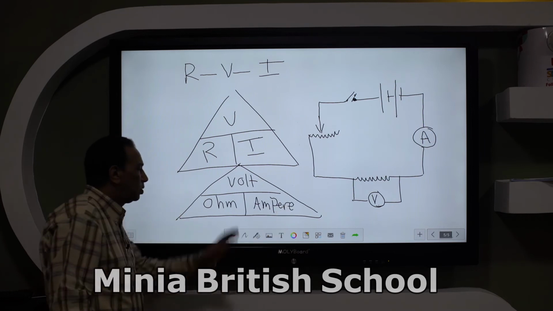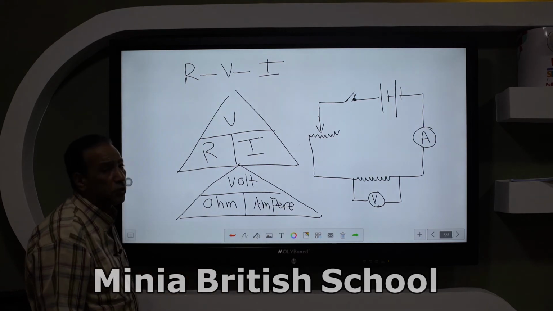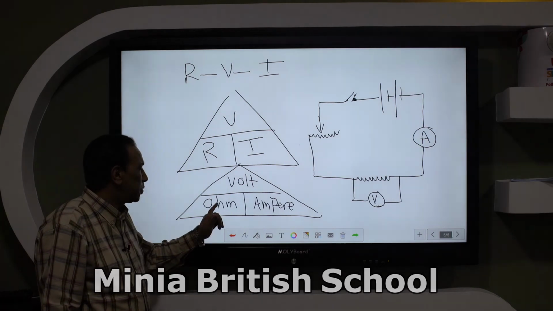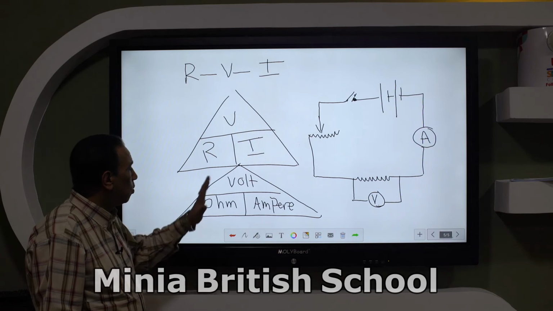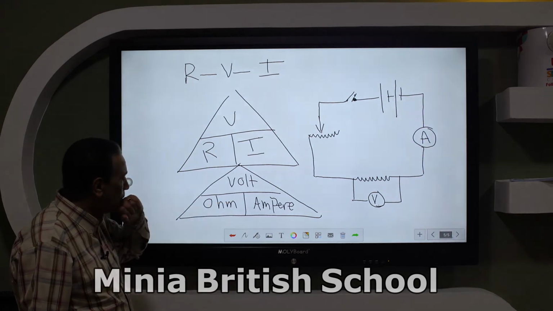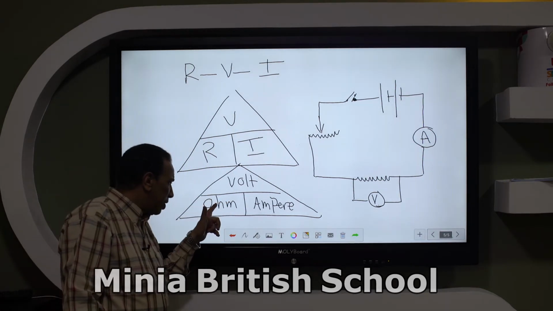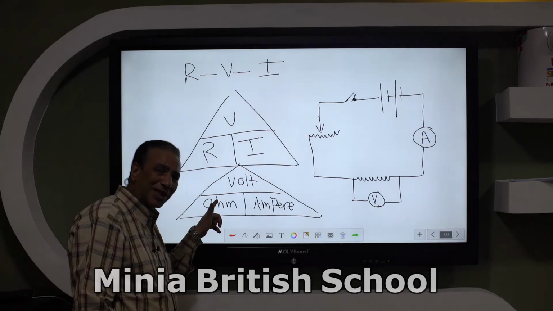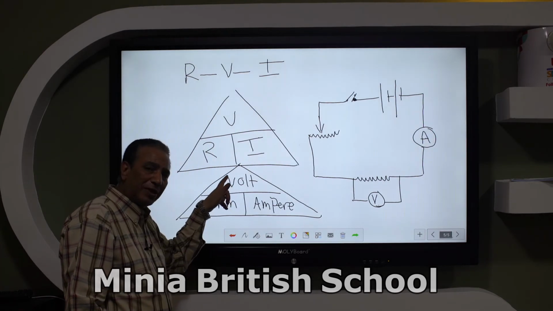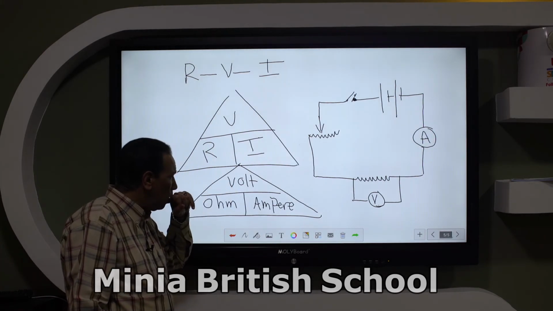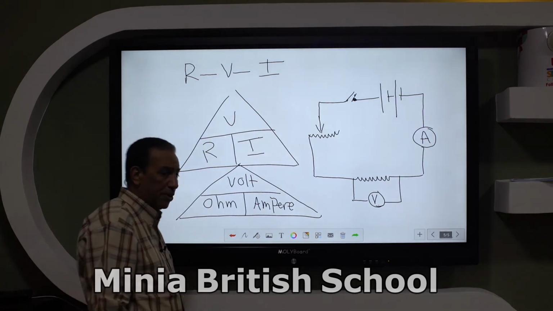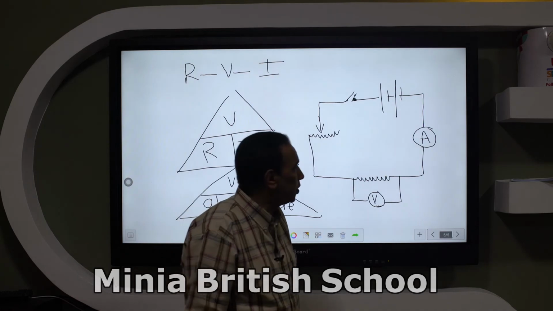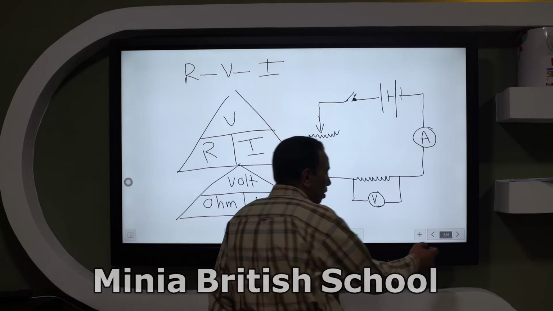The volt is the potential difference when the electric resistance is 1 ohm and the current intensity is 1 ampere. While the ohm is the electric resistance when the potential difference is 1 volt and the current intensity is 1 ampere. This is the relation between all of them.